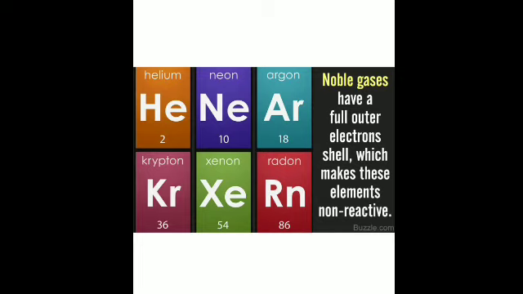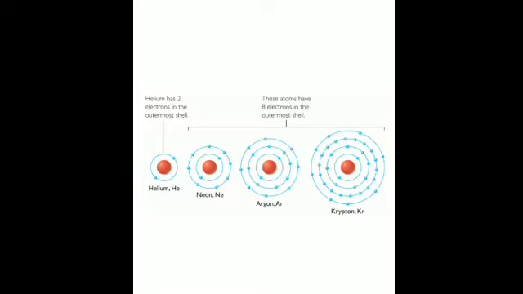They are called noble gases, non-reactive elements or inert gases because they have a full outer electronic shell configuration complete. If it is helium, it has atomic number 2, so it will just have 2 electrons. So there are certain elements which do not react just because the outermost shell configuration is complete.